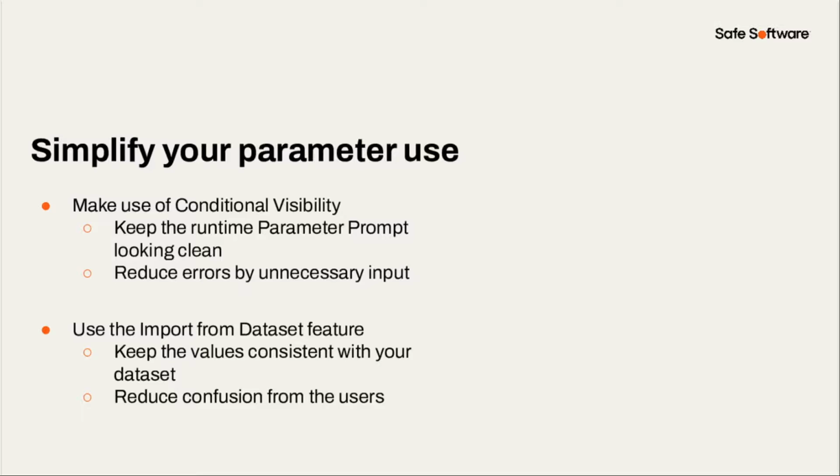And I also want to highlight the import from dataset feature, where it keeps the values consistent with your dataset and reduces confusion for the users. I also want to acknowledge that this is not a dynamic feature. You will have to import it every single time you want to create a new choice for your users. Yeah, so I'll hand it off to Matt.